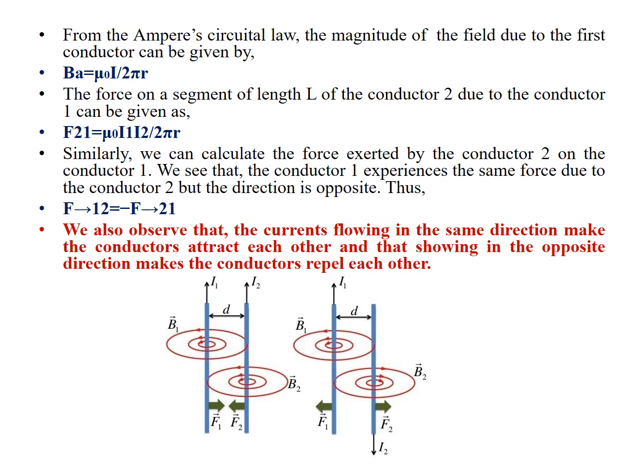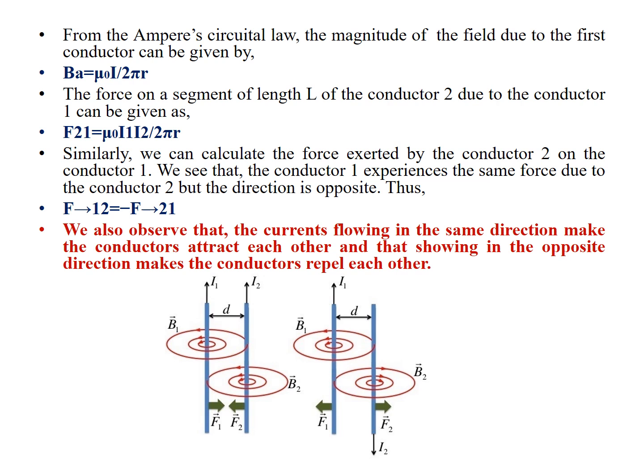Similarly, we can calculate the force exerted by conductor 2 on conductor 1. We see that conductor 1 experiences the same force due to conductor 2, but the direction is opposite.